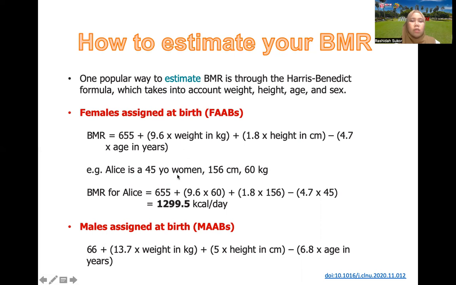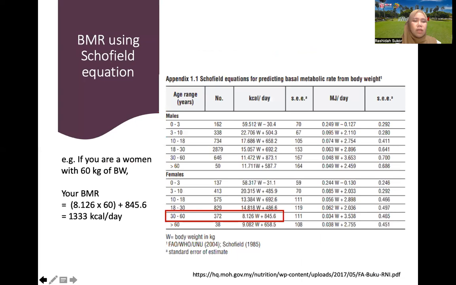You put all these values in this formula, so you get the BMR for Alice, which is about 1299.5. This one uses the height. Just now, using Schofield, which doesn't use the height, you got 1333, which is not too far.